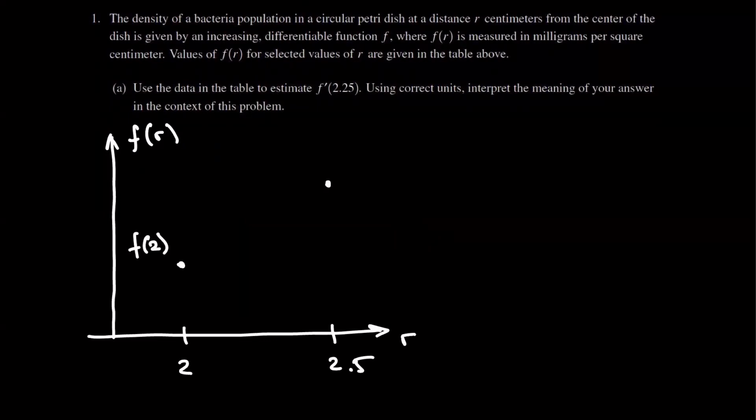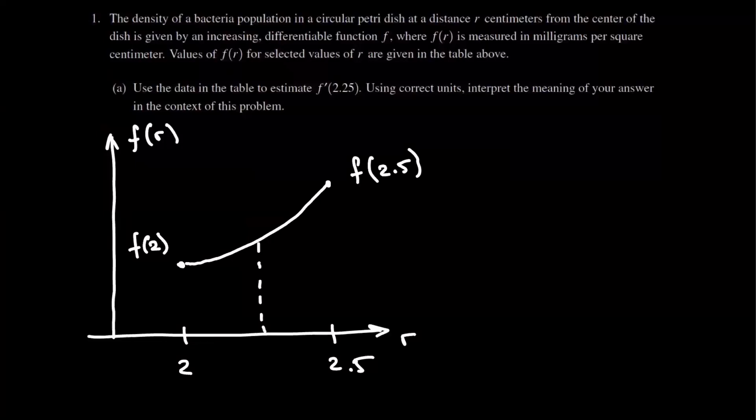This point here is f of 2.5. And then this function looks something like this. This is an increasing function, a smooth increasing function because it's differentiable, it's continuous. And so we need to approximate this point, 2.25, the slope of this line, which is tangent to the graph.